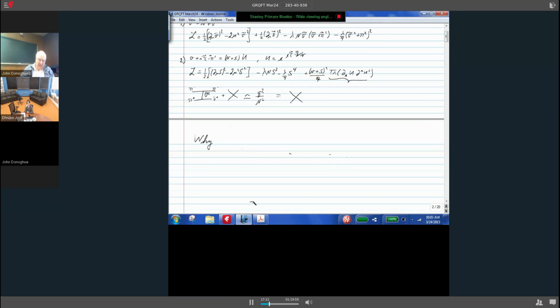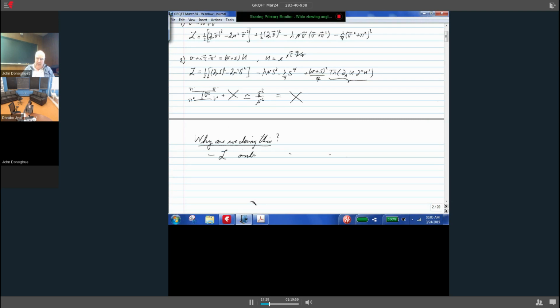So the question is, what does that tell us? Well, one thing it tells us is that we don't need that heavy particle around. And in a way, that's the why of what we're doing.